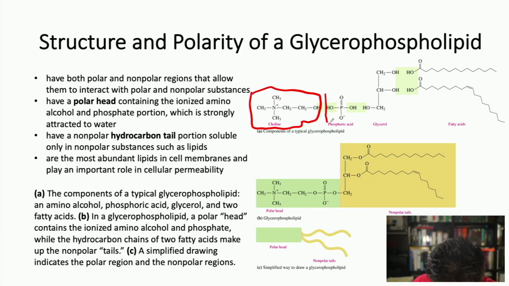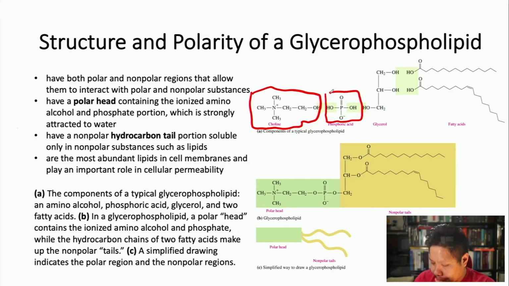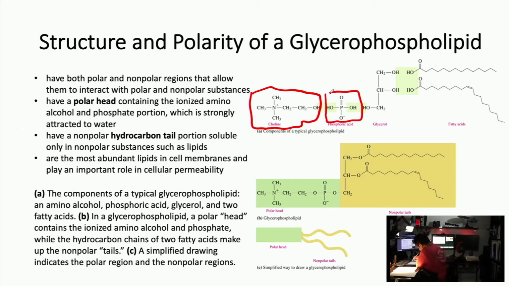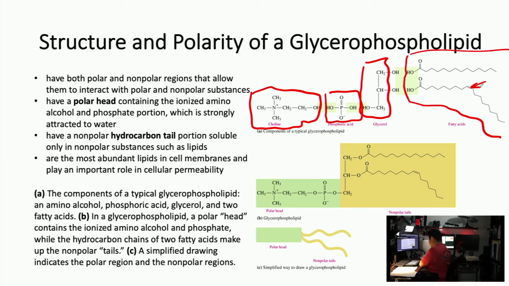It has the phosphodiester, but before it joins, it's actually just the phosphoric acid. It has the glycerol, and it has the fatty acid tails. And this is actually a mixed fatty acid because it has a kink right there, right? So we have a saturated fatty acid up here, and we have an unsaturated fatty acid there, right?